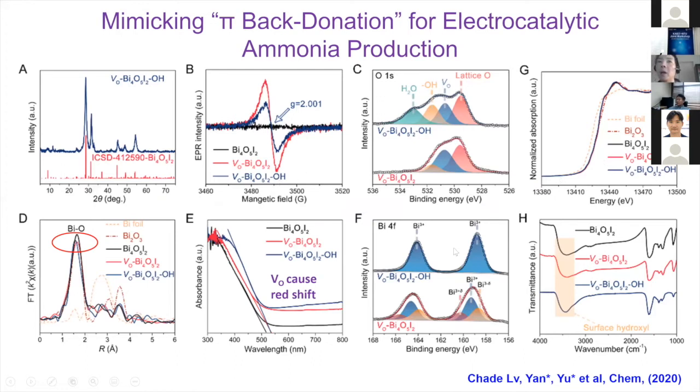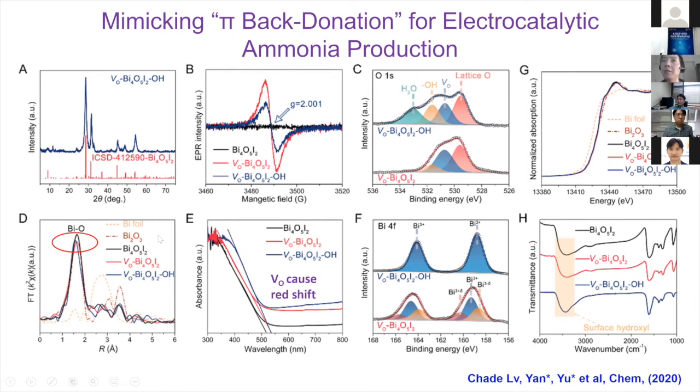And once we do the synchrotron XAS test, as compared to the pure, with oxygen vacancy, and with both, you can see there's a difference in terms of bismuth oxygen coordination, and there's some variation to confirm the 3 different kinds of structures.